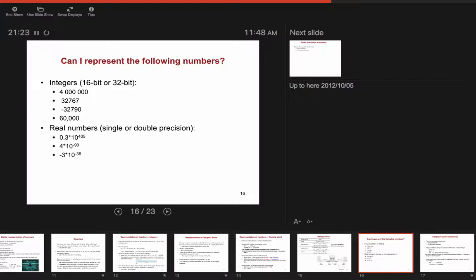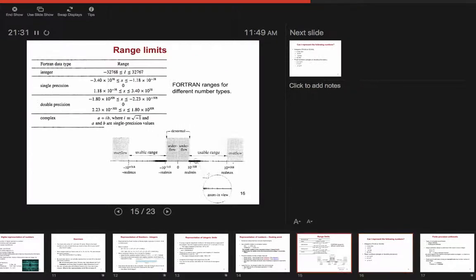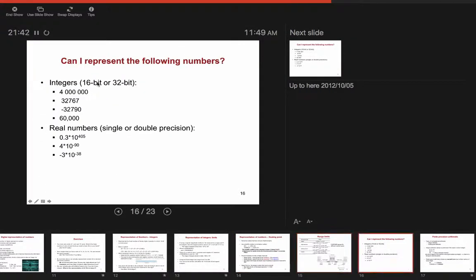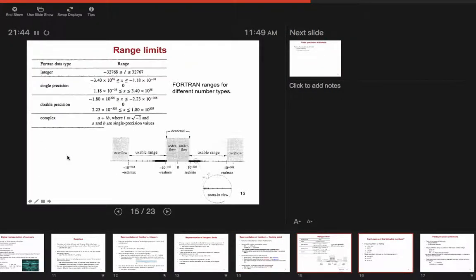And this one? Double precision. Let me go back. It's minus 3 points, so I could still fit it, but barely, in single precision. So be careful, because if you ask the computer to store something that cannot fit, it's going to scramble something.